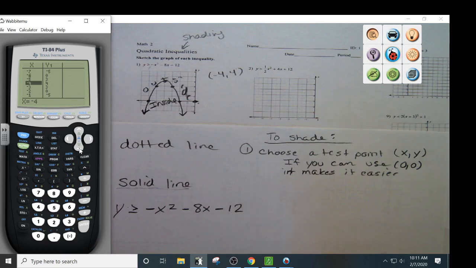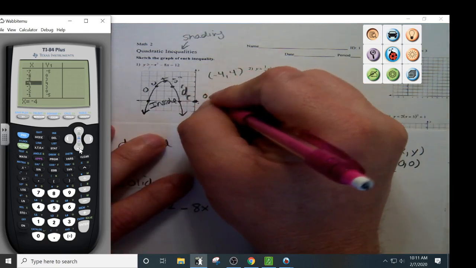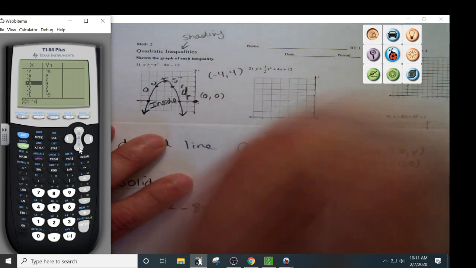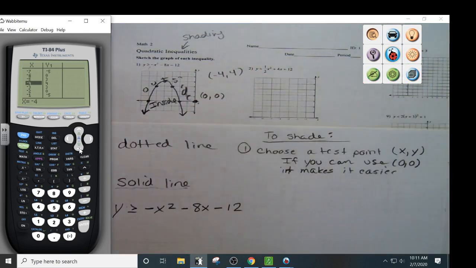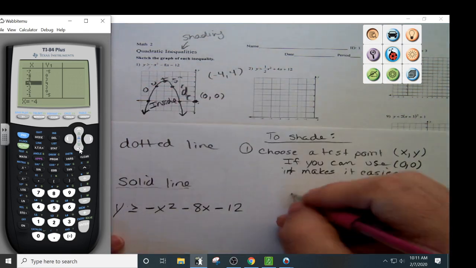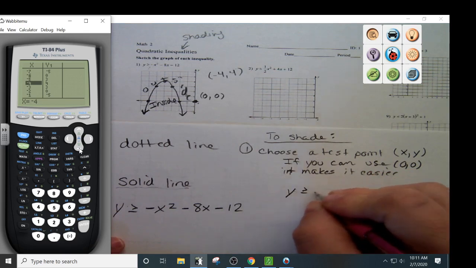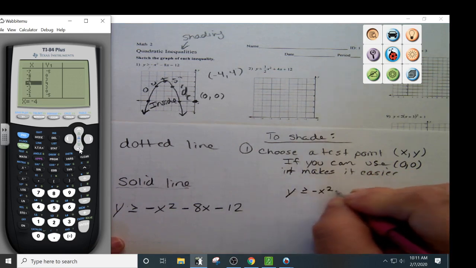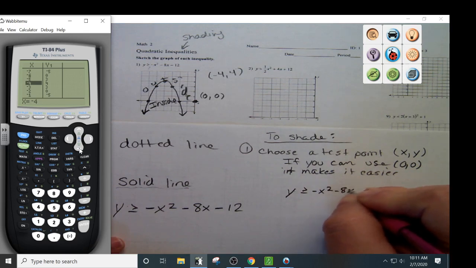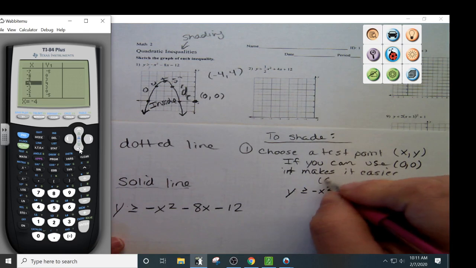Okay, now, so what I do, I'm going to choose 0, 0. Now, guys, make sure you understand what I'm doing here. Is 0, 0 on the inside or the outside? It's on the outside of the parabola. So what we're going to do, take your original equation, and everywhere you see an x and a y, you're going to plug in 0.